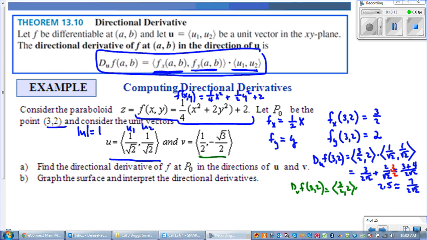So the square root of 1 is 1. So the magnitude of v is 1. That's going to give me 3/4 minus the square root of 3, which is approximately negative 0.98, so almost negative 1.